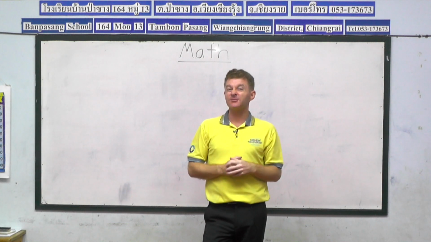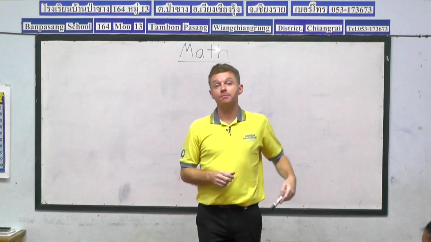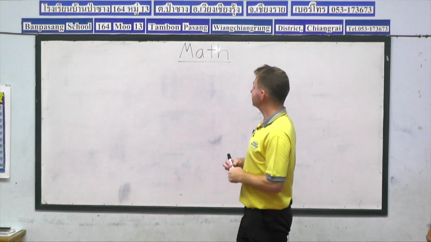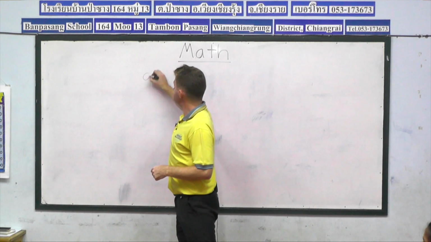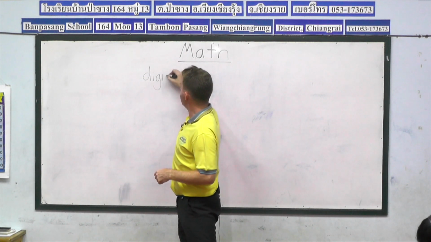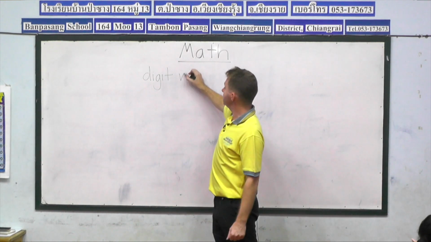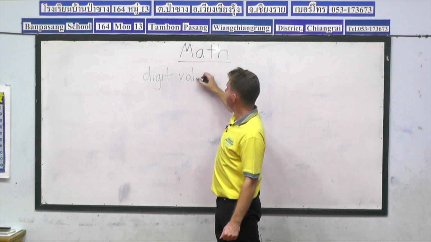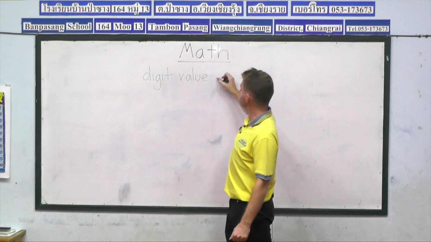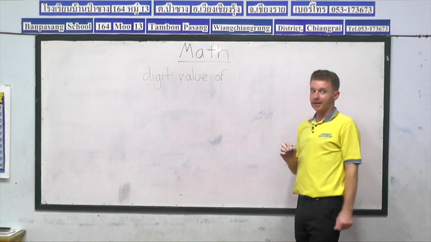The underlined digit only. Well, first of all, let's write the topic of today's lesson back on the board. So digit value, D-I-G-I-T. And value, V-A-L-U-E. Of. Now what are we learning about, guys?